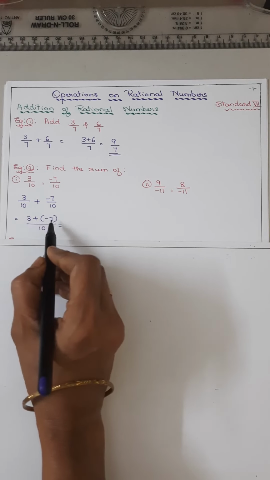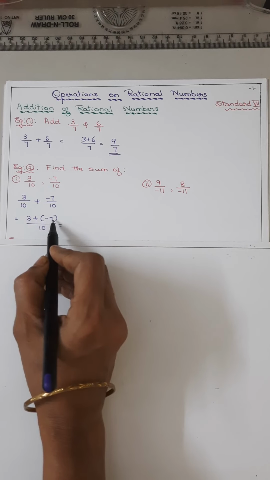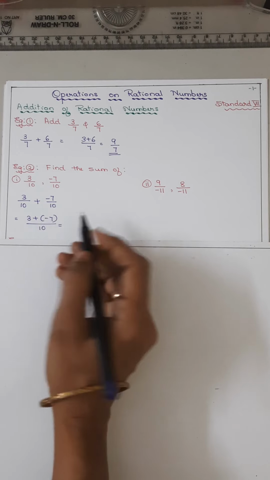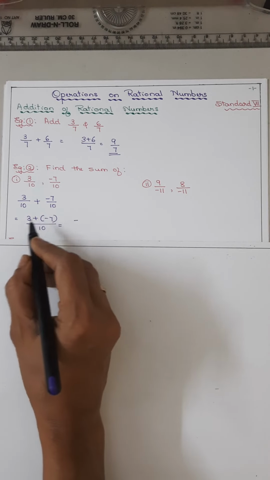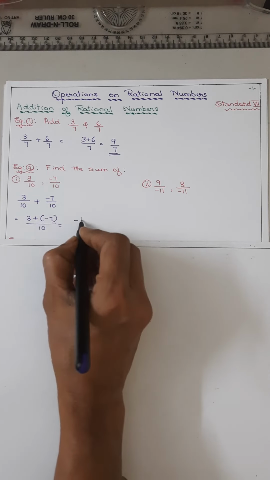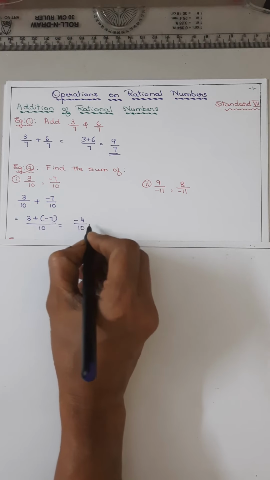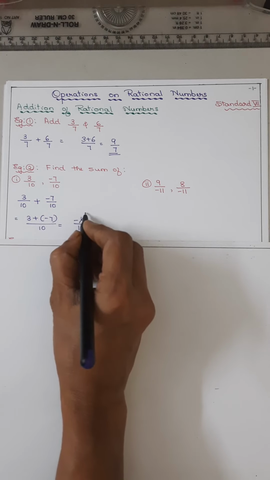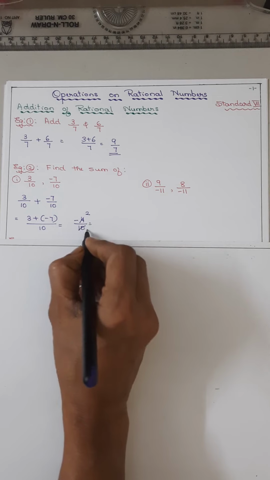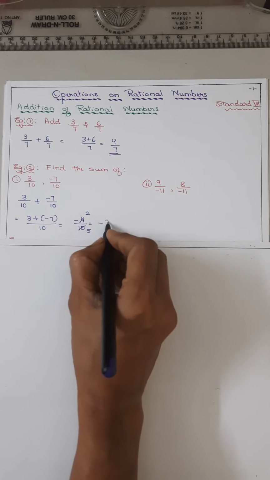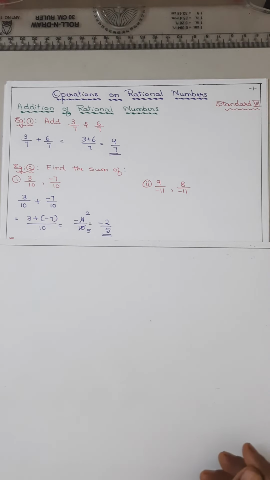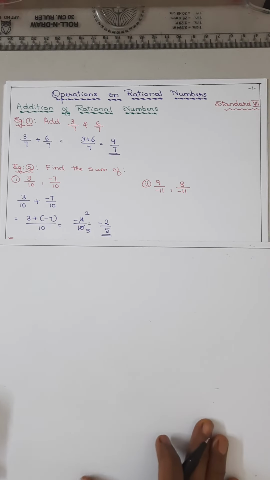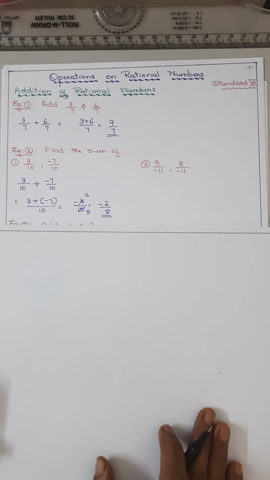And 3 and 7, the bigger number is 7, so what is its sign? Minus. Put the sign first, minus. 7 minus 3 is 4 upon 10, that is 2 2s are 4, 2 5s are 10. So the answer is minus 2 by 5. So convert into the simplest form.